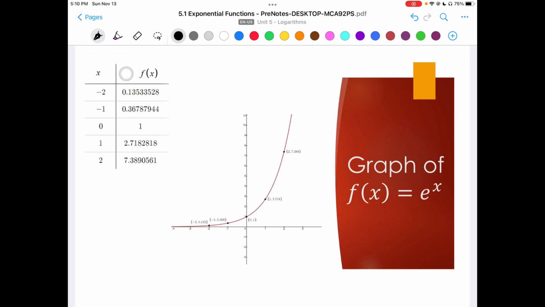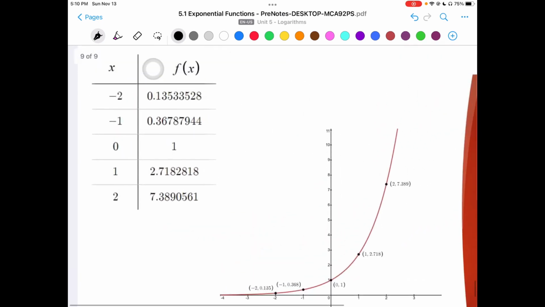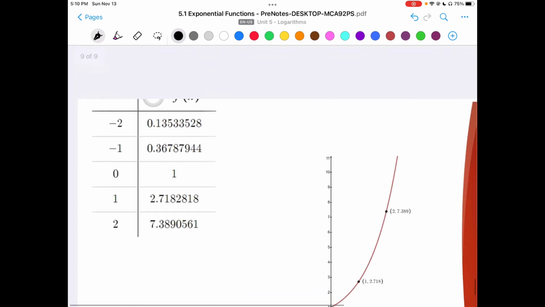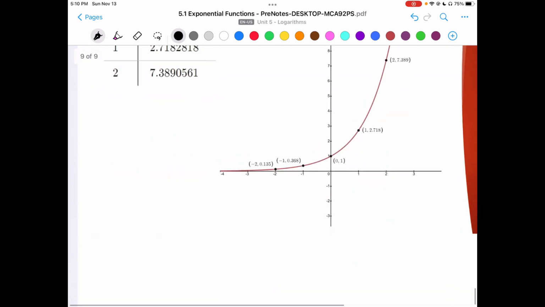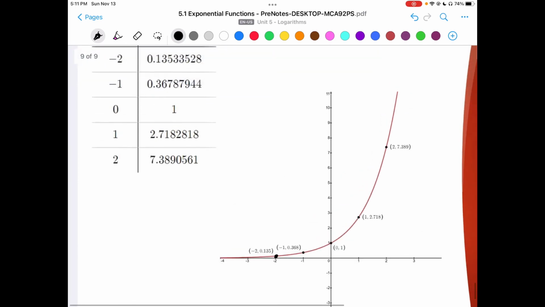That's a value we found on the last one, 0.135 right there. And the dot is right there. And then they get bigger and bigger, exponentially, right? The numbers increase from one to the next exponentially. And the rate of that exponential increase is our natural number. That's e. So it's increasing at a rate of times 2.718 each time.